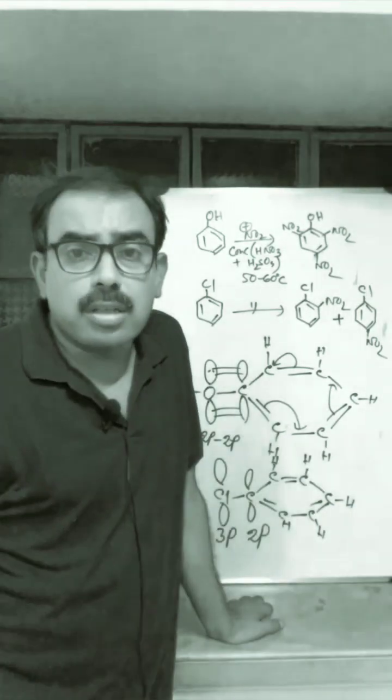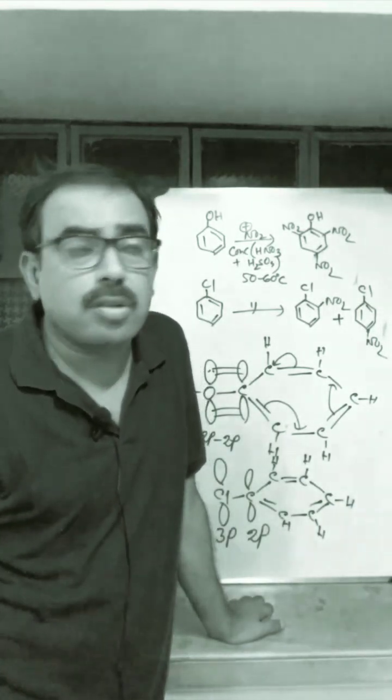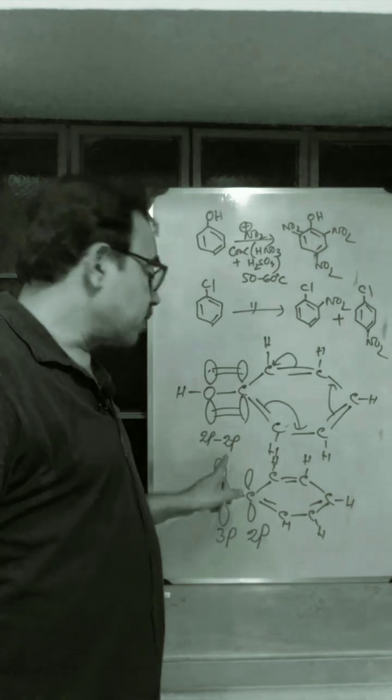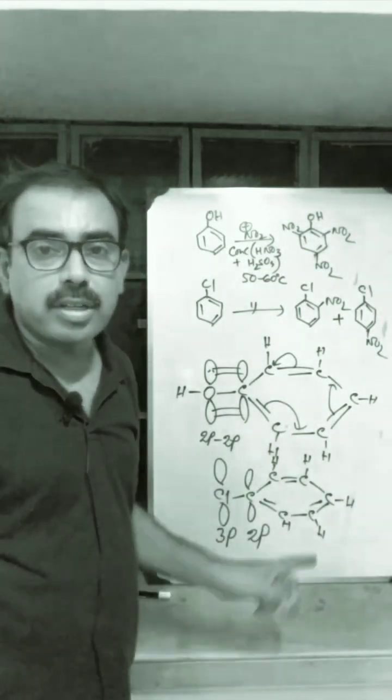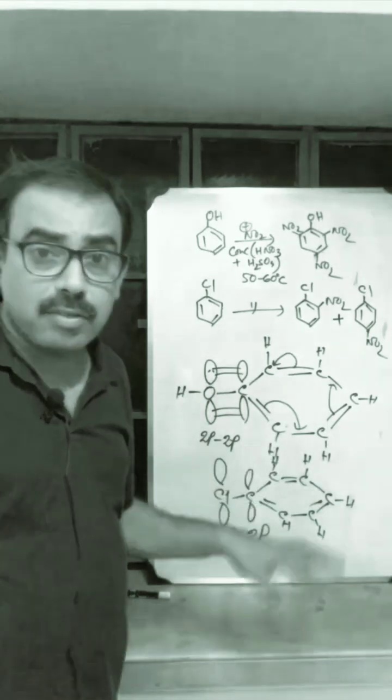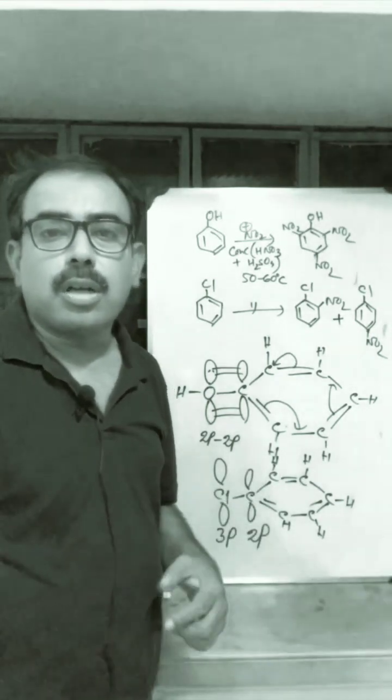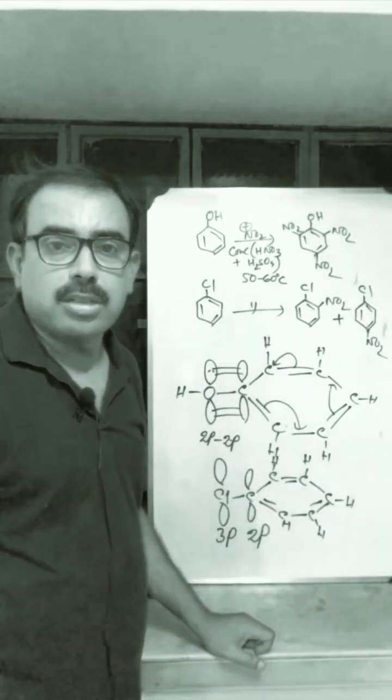But in case of chlorine, no such factor is there, as the lone pair cannot get effectively delocalized into the benzene ring. So the lone pair cannot activate the benzene ring to such an extent.